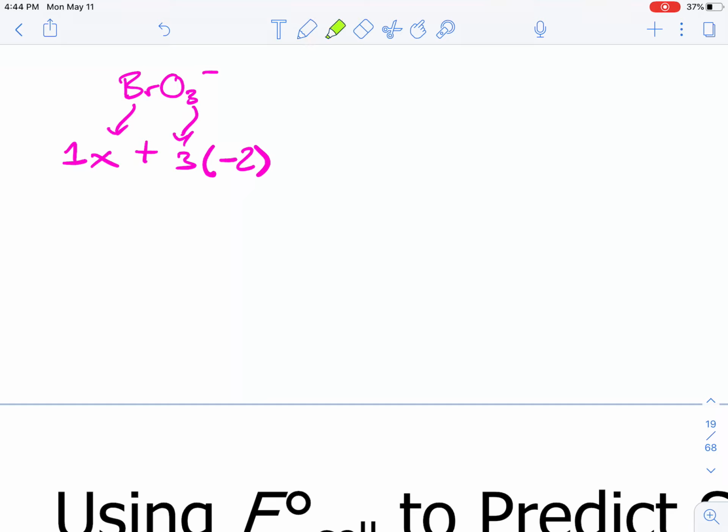But in this case, notice that there's an overall charge of -1. So the overall charge is not 0, it's -1 for bromate. Solving for x, I get -6 plus x equals -1. X is then equal to +5.